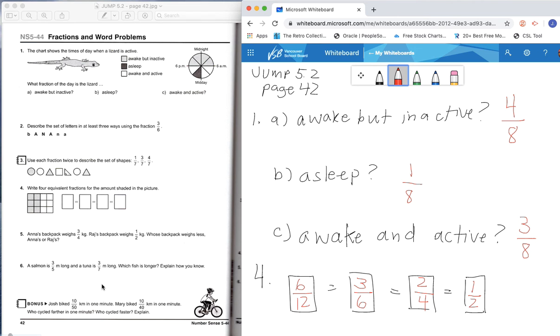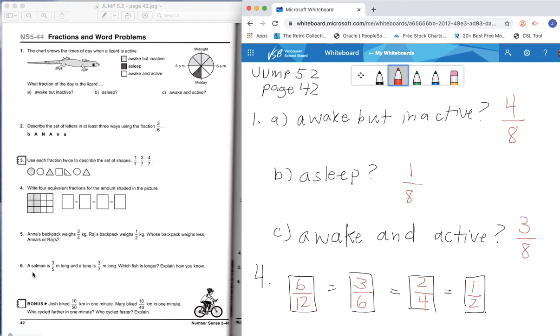Okay, so we're doing equivalent fractions. And let me see, you can look back to page, what would help you? I think page 33 will help you, okay? In order to do number 5, changing it into equivalent fractions, okay? So that you can figure out which backpack weighs less.